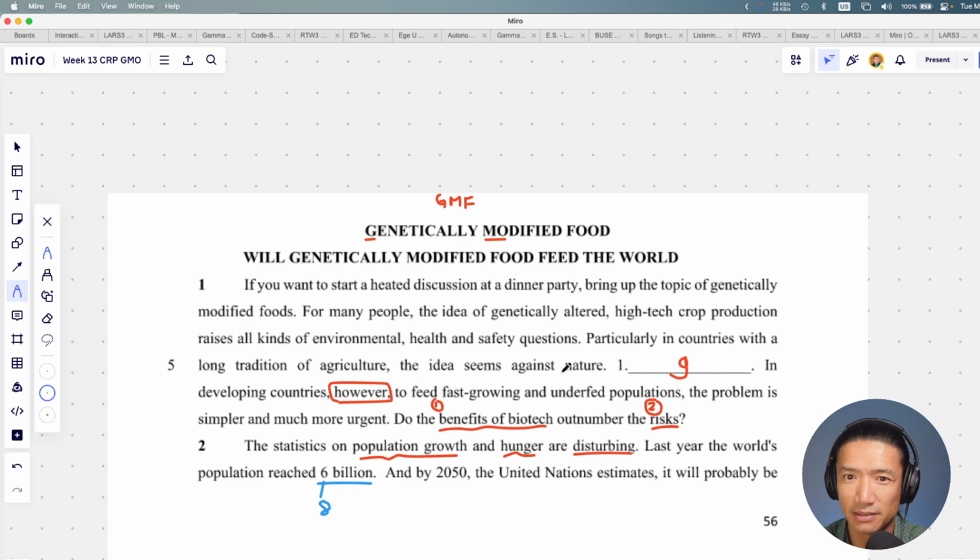At a certain point, when we're comfortable, when we're safe, we can start choosing better foods. And this is what happened in developed countries. We're not just giving people a bucket of potatoes every day and saying, here are your food rations for today.